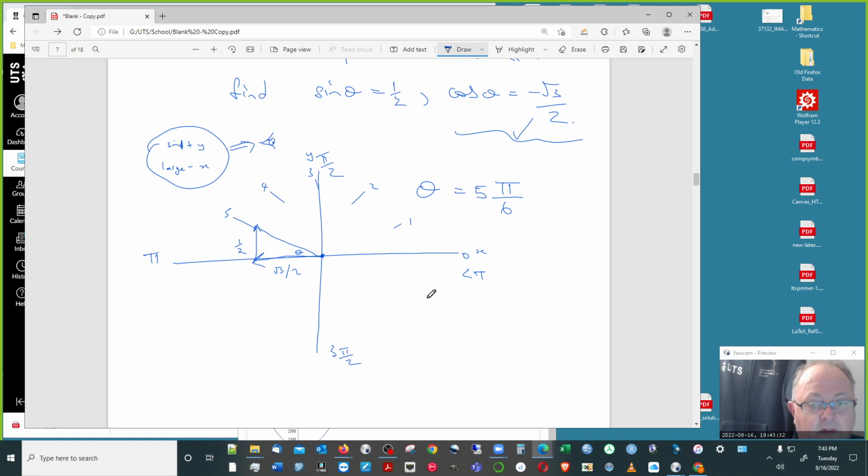Now could you do me a favour? Could you just run that through this? Sine 5 pi on 6. Cos 5 pi on 6. And tell me if I'm right or wrong. You'll have to be in radians.